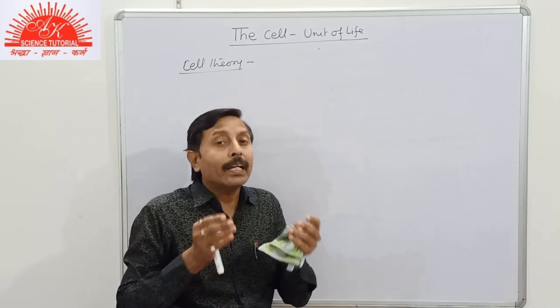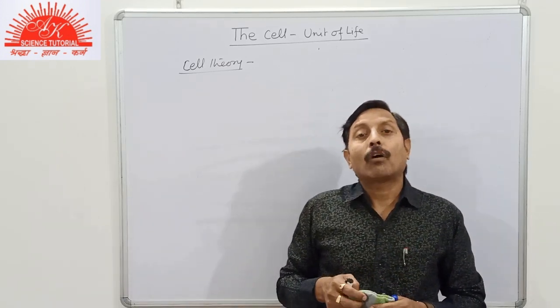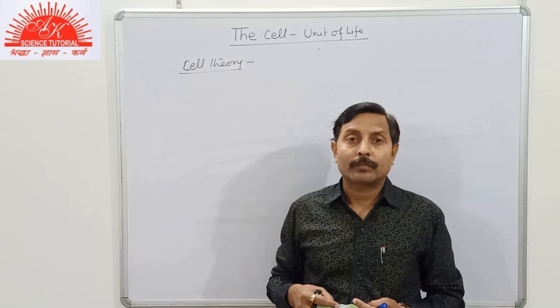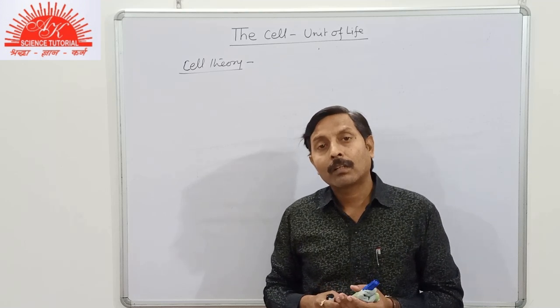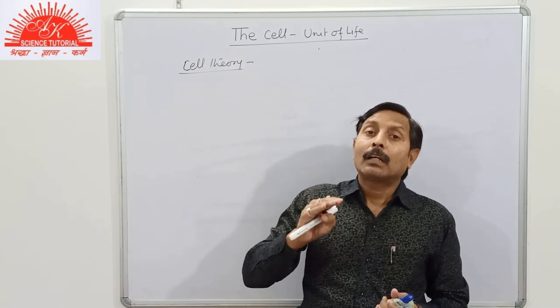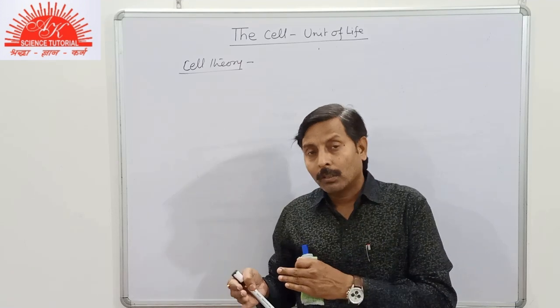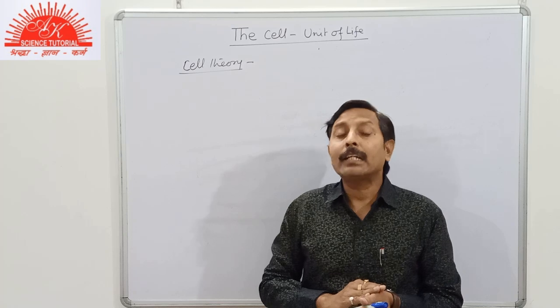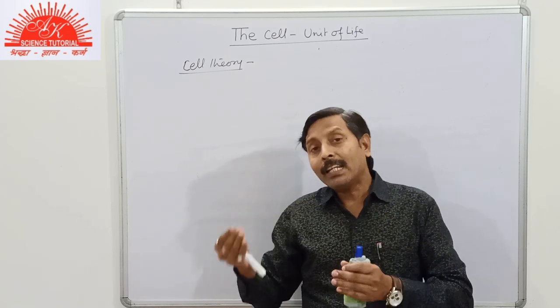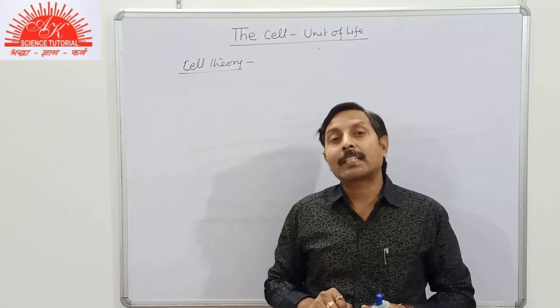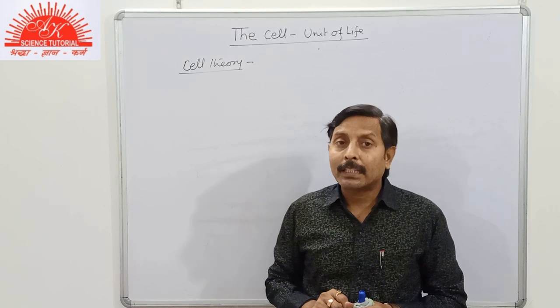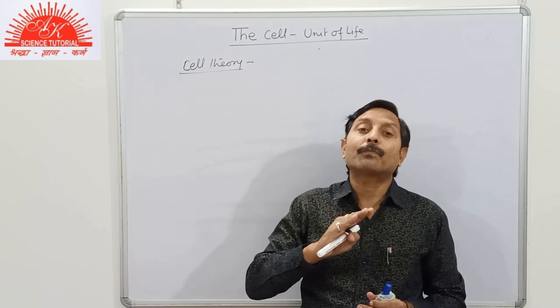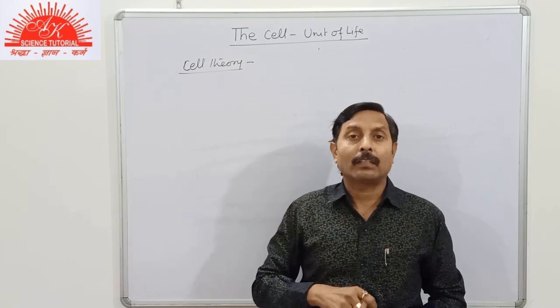And they together put forward cell theory. Later on, Rudolf Virchow added another point to cell theory, that is, every living organism starts its life from single cell, or every cell arises from pre-existing cell.